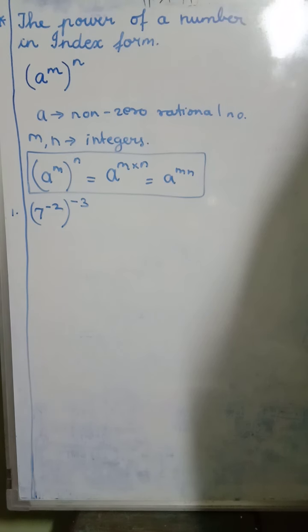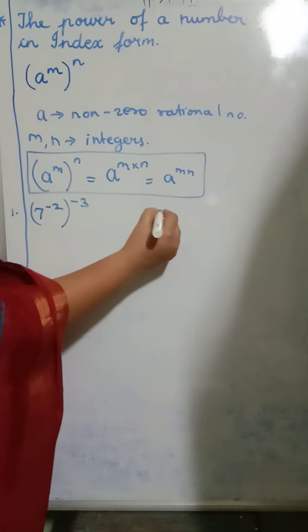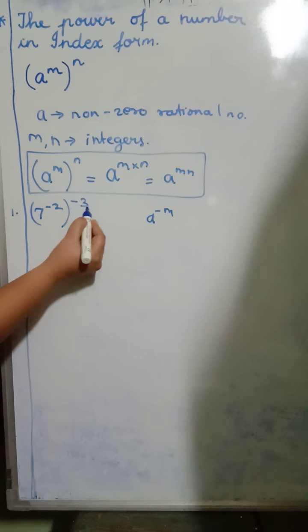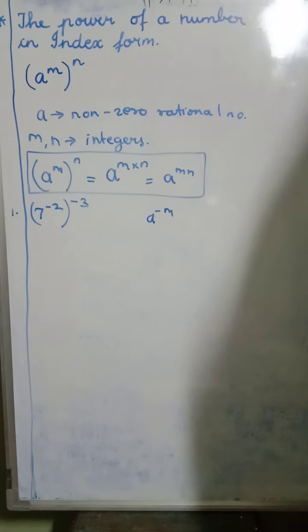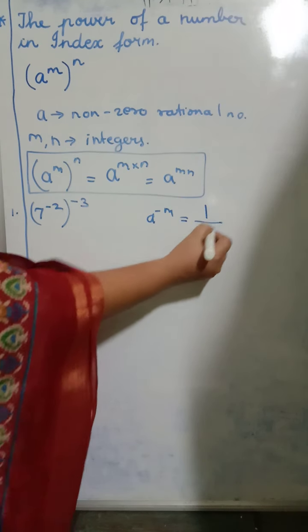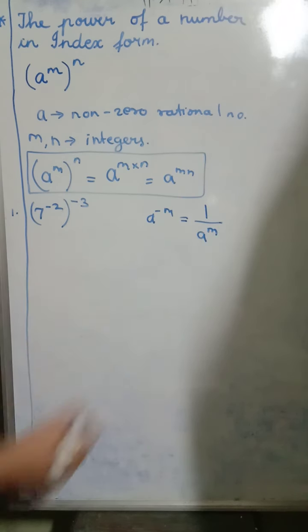We have learnt one formula, a raised to minus m. Now suppose this inside part is a, then it is minus m. So what is the formula's answer? 1 upon a raised to m.